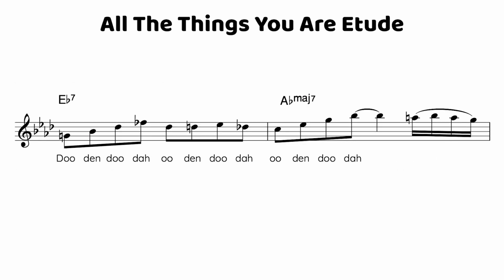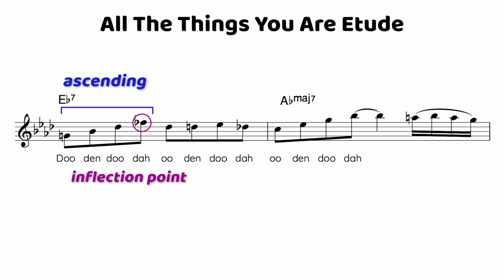Now to continue on with this phrase, the next measure, measure number 3, we start with a do, den, do, da, so same sort of thing. We have that ascending line, clear inflection point on beat 2 and, followed by an oo on beat 3, and instead of continuing down, the line decides to ascend very briefly again.